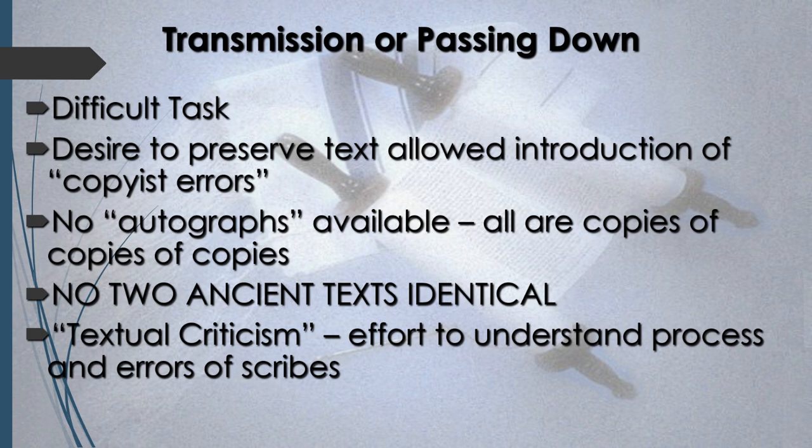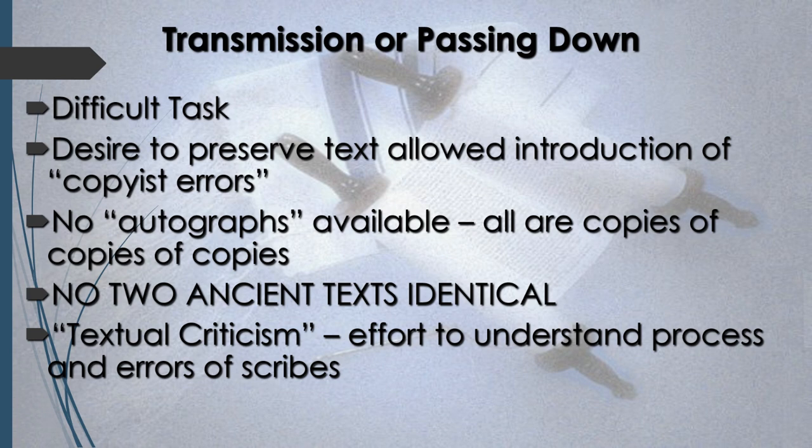And when you look at these copies together, just like if I would have each student in the class copy the first chapter by hand and compare them with one another, no two ancient texts are identical. The copies we have show variations between one text and the other. And it makes sense because people are not perfect in the way they copy.